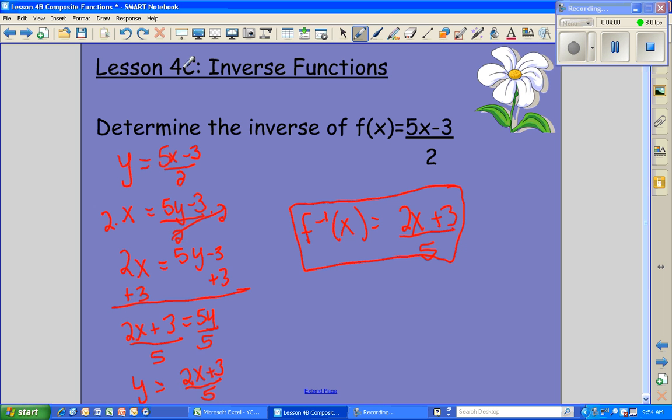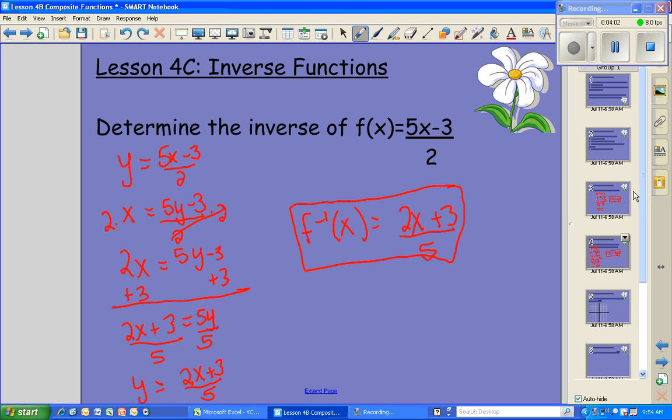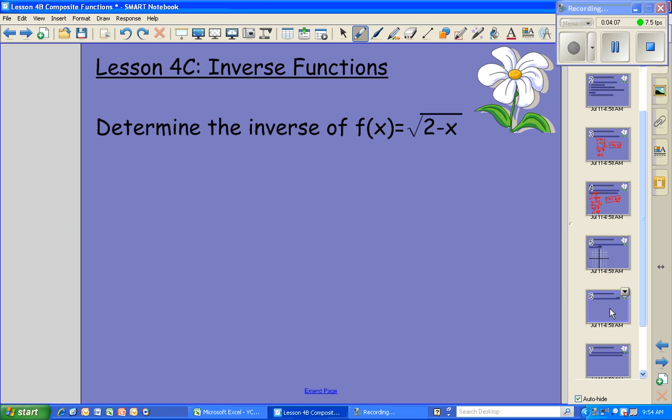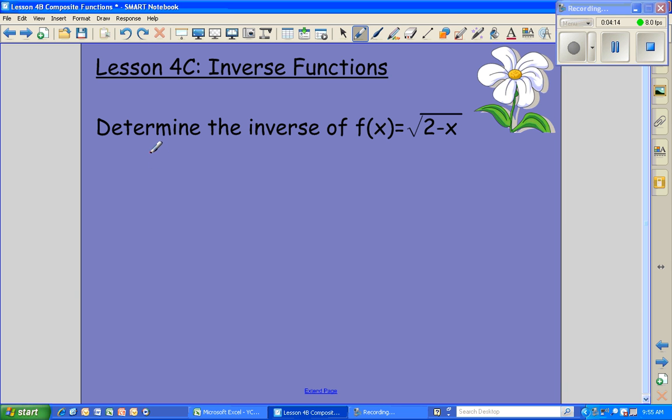All right, I think we have another example here. Okay, so f of x becomes y. Square root of 2 minus x. Switch our x and our y. All right, so we want to get the y by itself, so this one's a little more complicated.